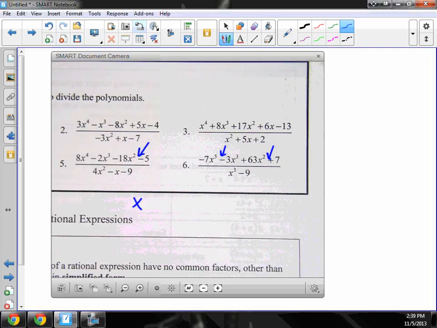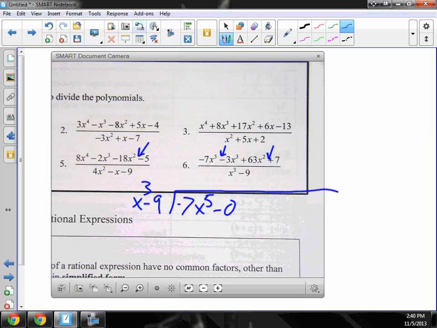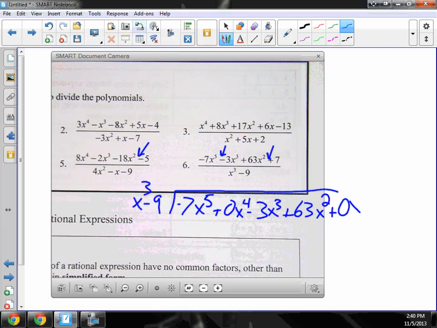So x to the third minus 9 goes into, you need to make sure that you put all those placeholders in there. So negative 7x to the fifth plus 0x to the fourth minus 3x to the third plus 63x squared plus 0x plus 7.